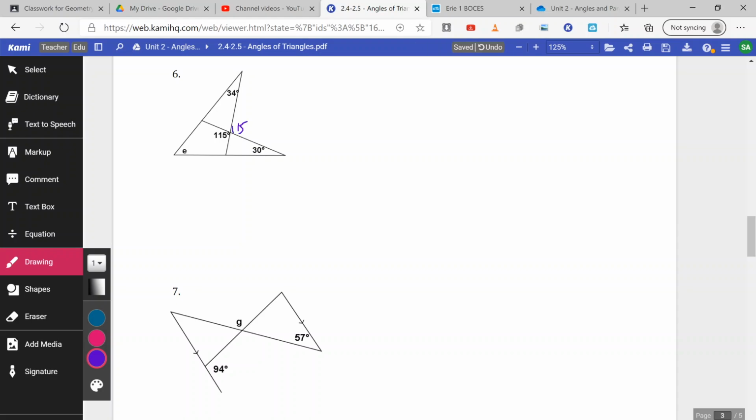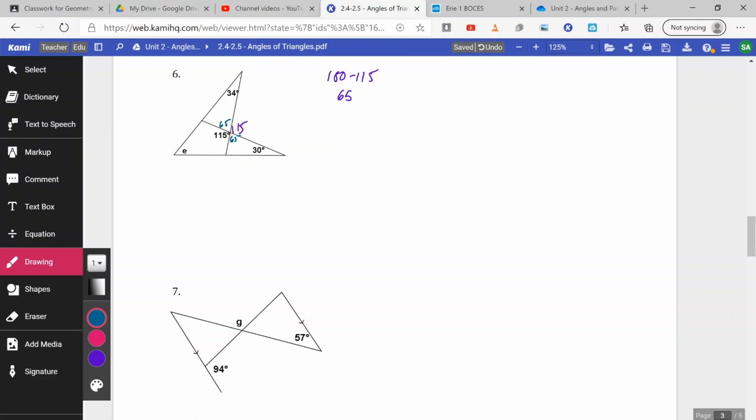Whenever I cross two lines, angles across are equal to each other. And what we have here, again, is a solid line. So what we have to do is 180 minus 115 to get these two angles here. That means we have angle measurements of 65 degrees. So these two angles are 65, 65.